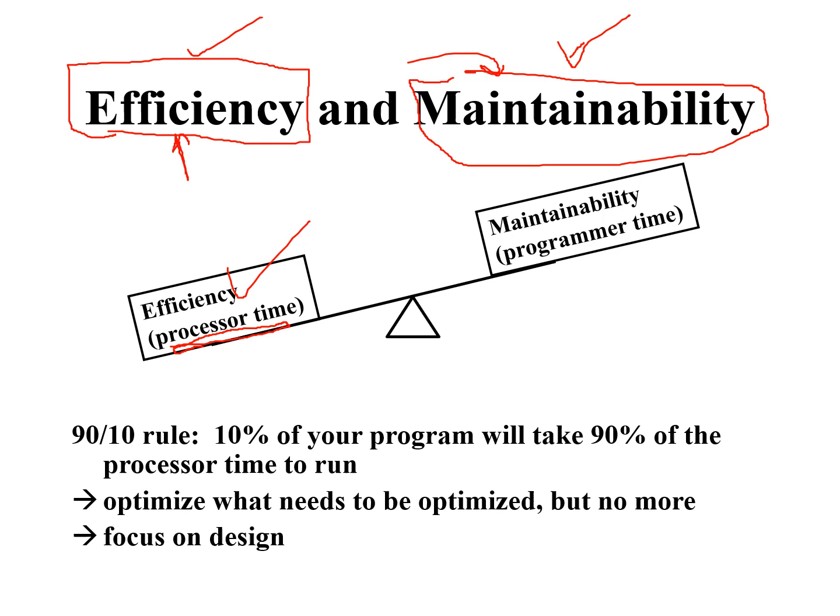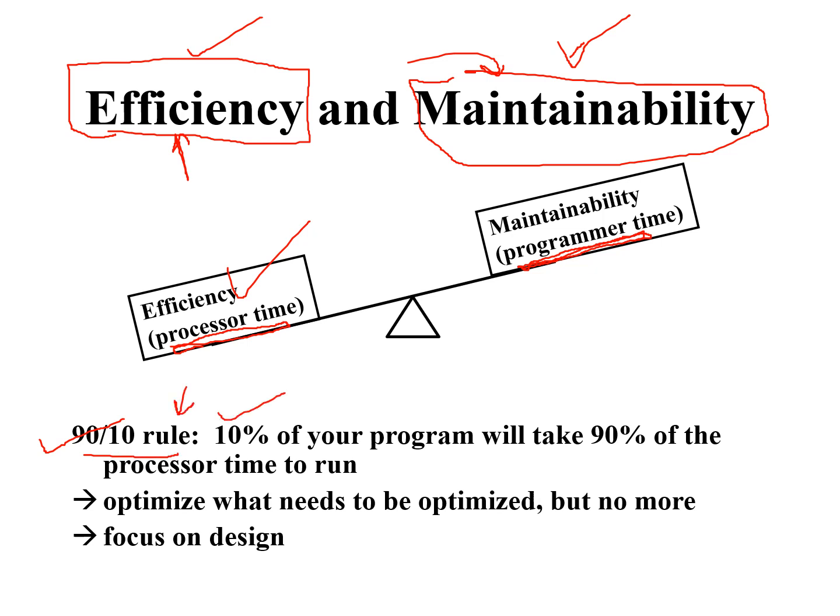And maintainability is the programmer time, how much time a particular programmer is taking to maintain that program. So here it is written as the 90 by 10 rule.